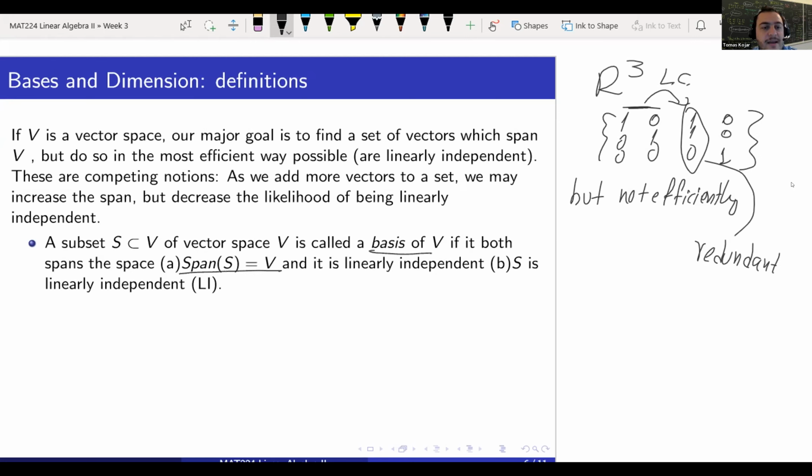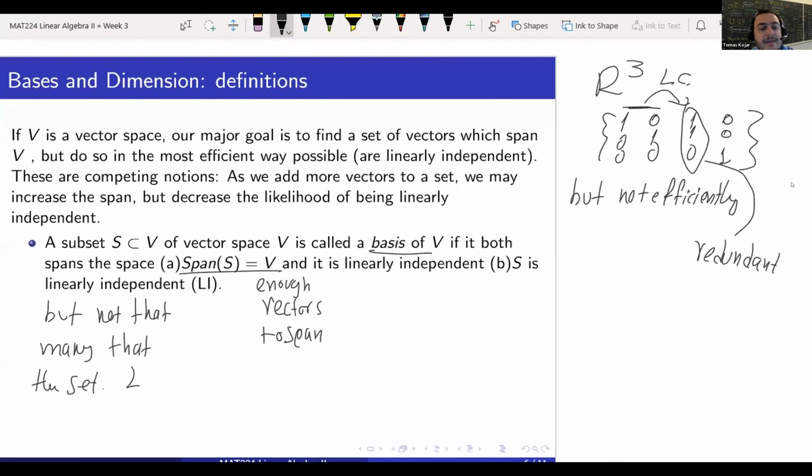So you have enough vectors to span, like in this example, but not so many that they make the set linearly dependent.